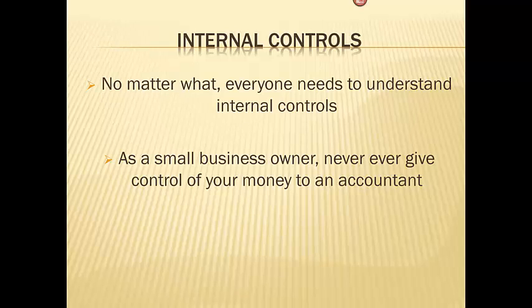But everyone in an organization needs to understand at a very minimum what internal controls are, how they're used, why they exist, and this is the best way for a company to be able to identify if there is any kind of fraud or bad behavior going on. And so everyone should understand these and know what they mean.